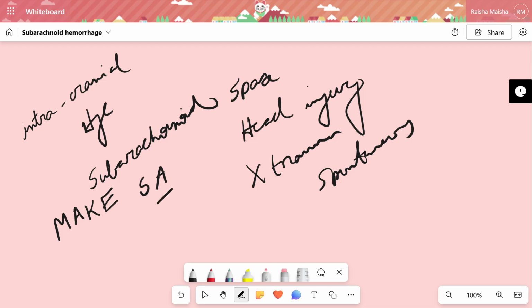Pituitary apoplexy is another cause, and the most important cause is hypertension. So hypertension, adult polycystic kidney disease, Ehlers-Danlos syndrome, coarctation of the aorta, AV malformation, apoplexy, Marfan, and sometimes mycotic or infective aneurysm is one of the causes of subarachnoid hemorrhage.